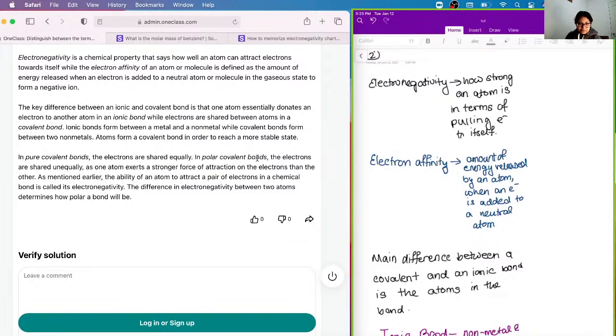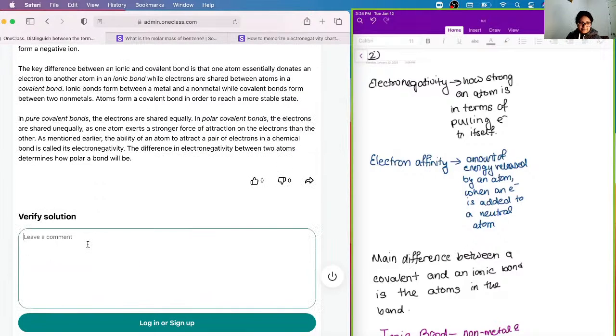In polar covalent, the electrons are being shared unequally, and you have electronegativity in place, and the difference between the electronegativity of the atoms determines how polar the bond will be. So the solution here is correct.